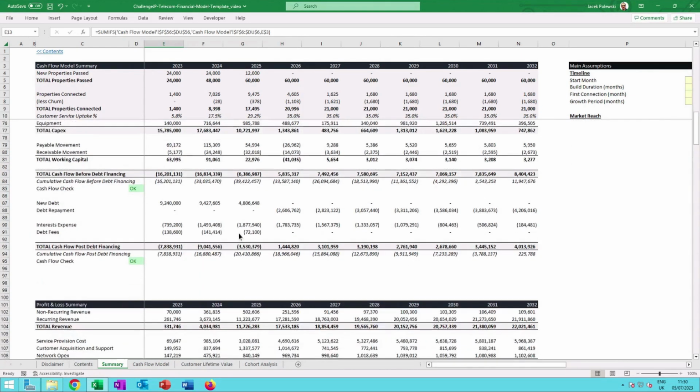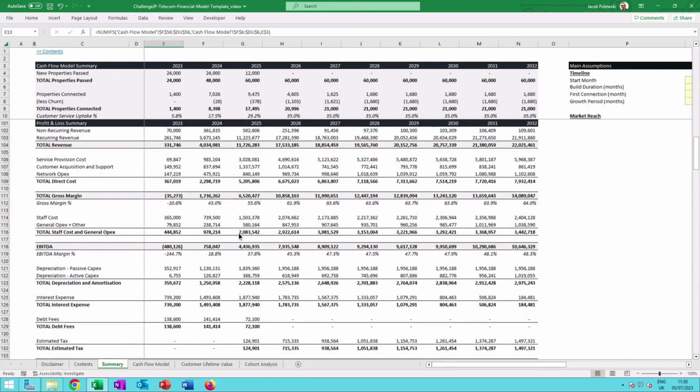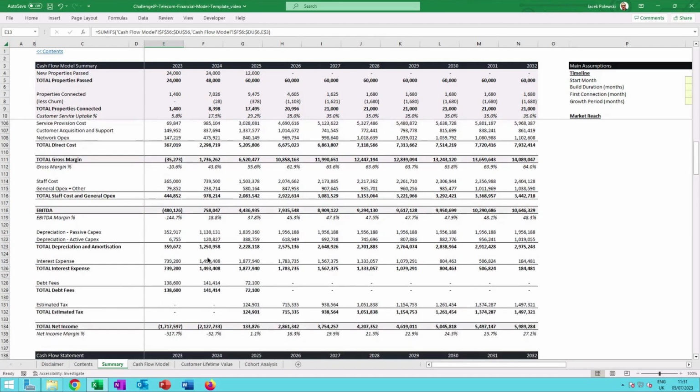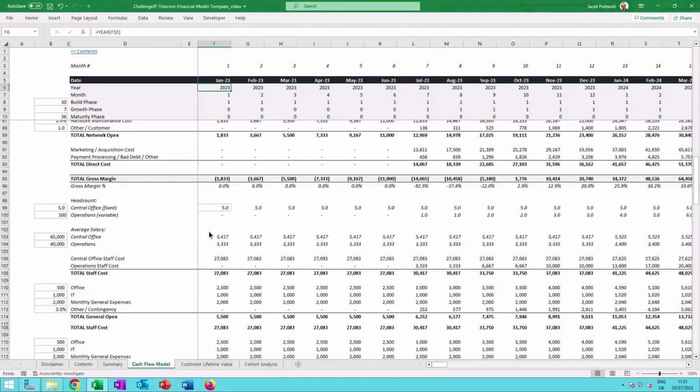And then in addition to that, I've also listed here a profit and loss summary. Okay, so you see that here I have a proper profit and loss statement. In terms of the revenues and gross margin, EBITDA lines, you'll see they're very similar to, or pretty much identical to the summary above. But then I also added some calculations for depreciation and amortization, which are linked to the cash flow model in here.